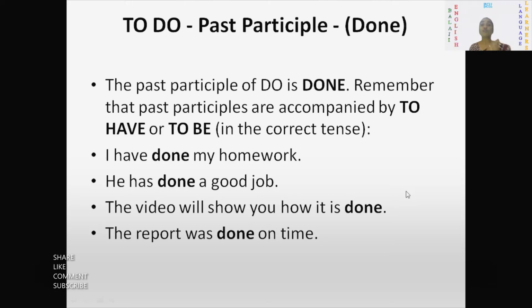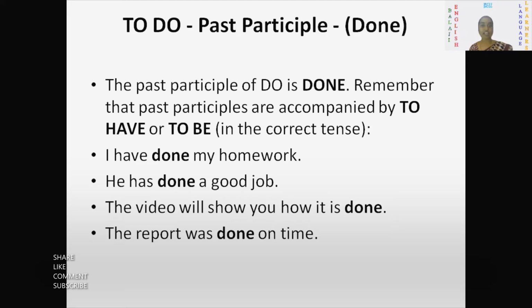Right. To do for the past participle V3 form. The past participle of do is done. I already told you: do, did, done, doing. Okay. Now the past participle V3 form is done. Now you have to remember one thing. The past participle will accompany, take the support of to have or to be in the correct tense.